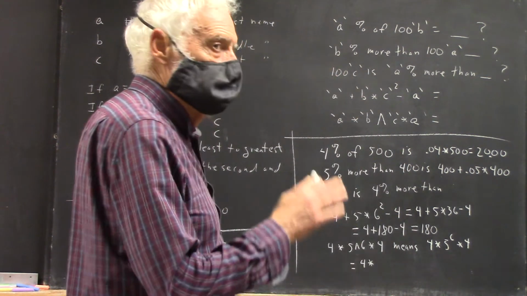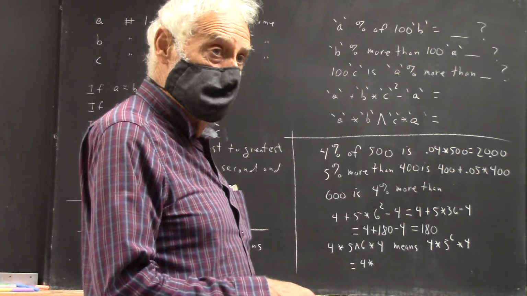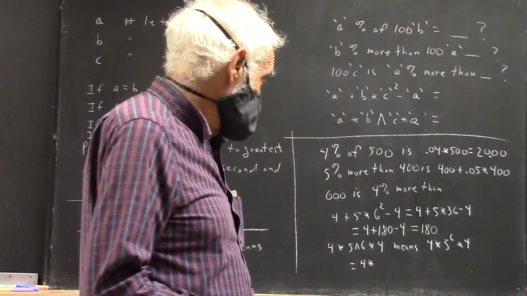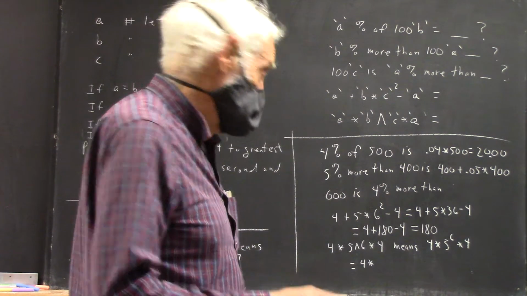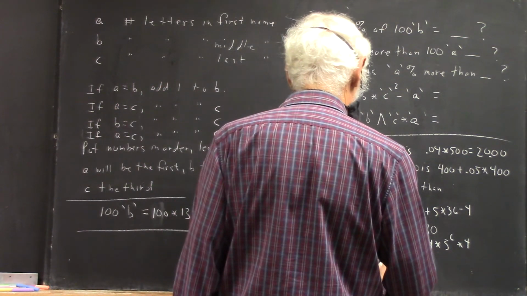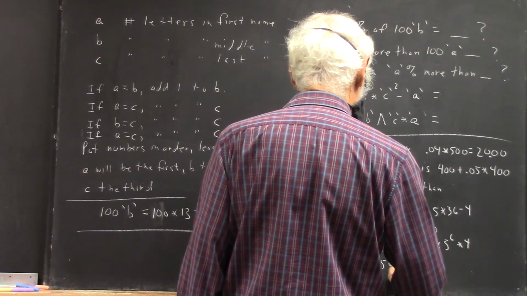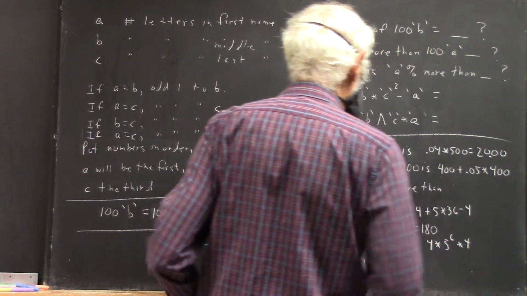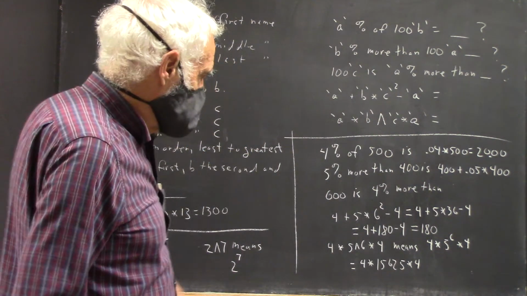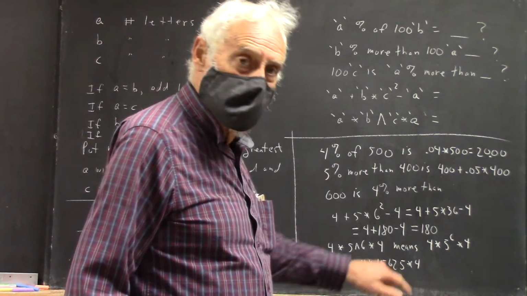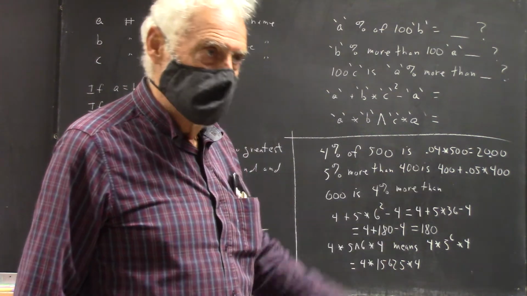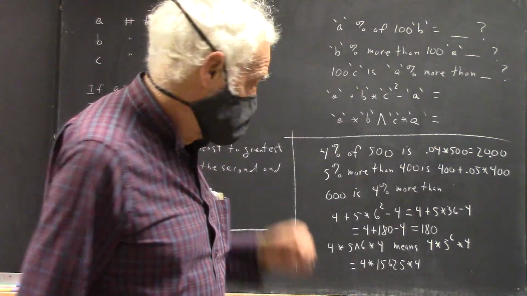Okay, again, 5 times 25 is 125. 5 times 125, 625. So it's got to be 15,625. Maybe. Then you get to multiply this one by 4 and multiply this one by 4. Use your calculator, okay?